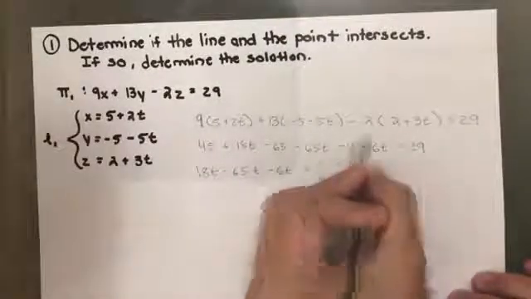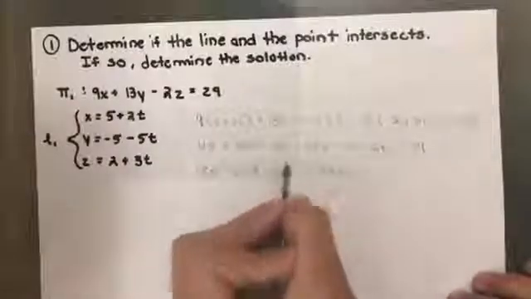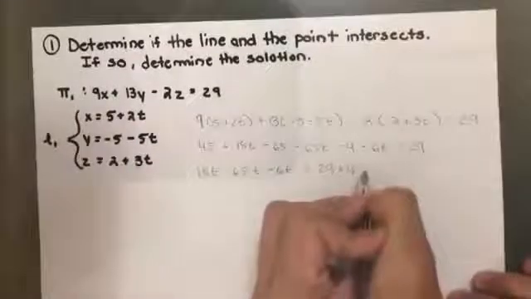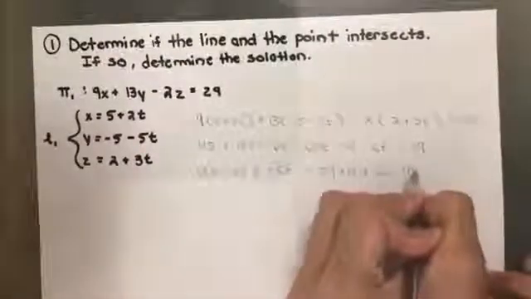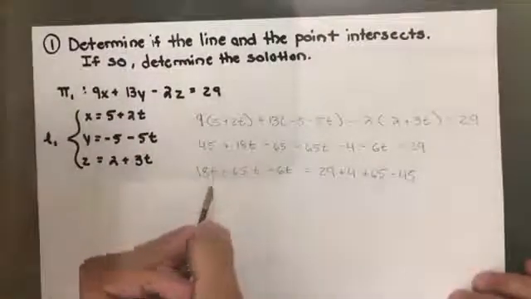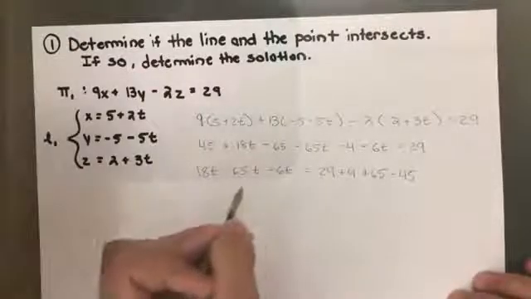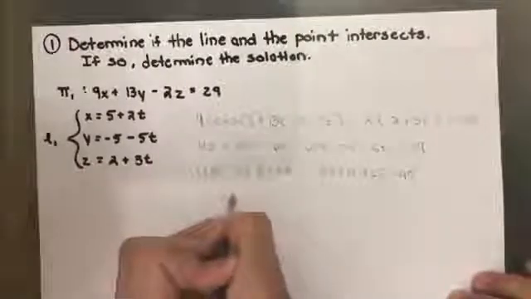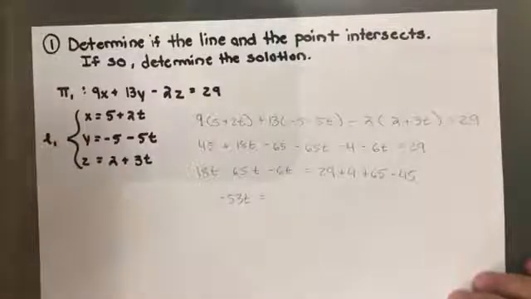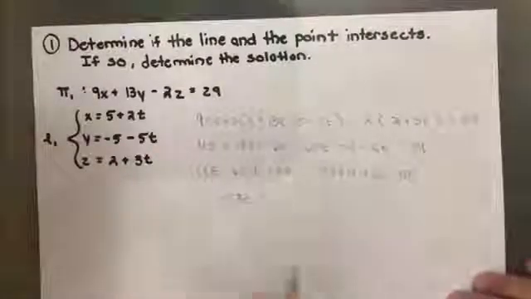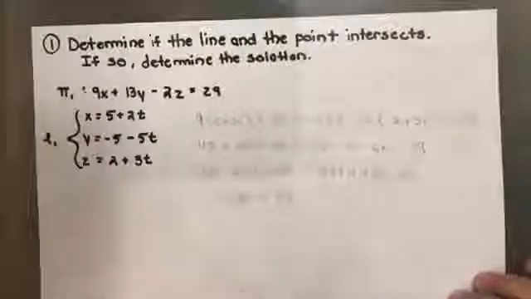And now we're going to take the minus 4 to the side, it's going to give us plus 4. We're going to take the minus 65 to the side, it's going to give us positive 65. Taking 45 to this side is going to give us minus 45. Now, we know 18t minus 65t minus 6t is going to give us minus 53t. 29 plus 4 plus 65 and minus 45 will give us 53.